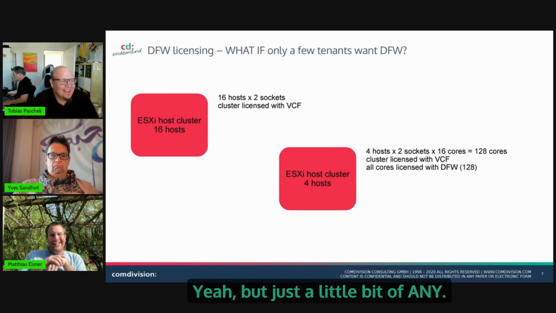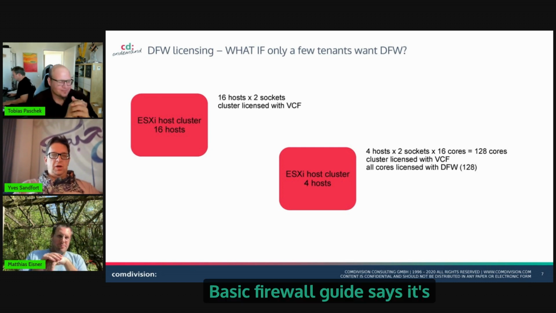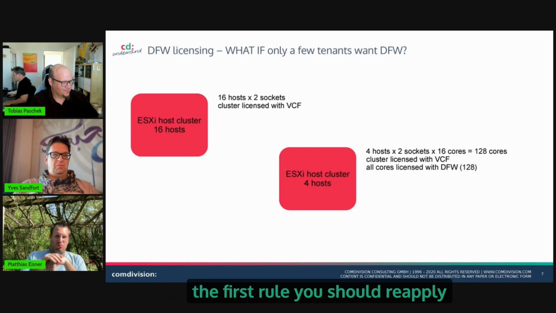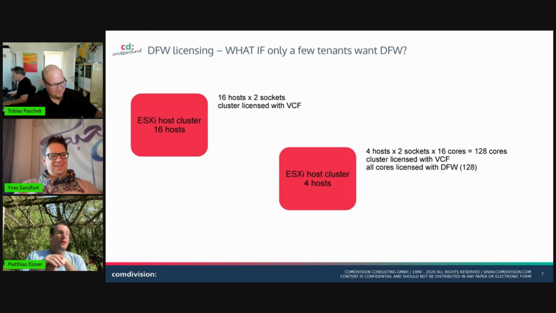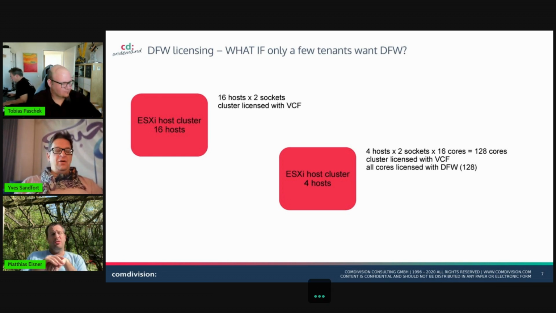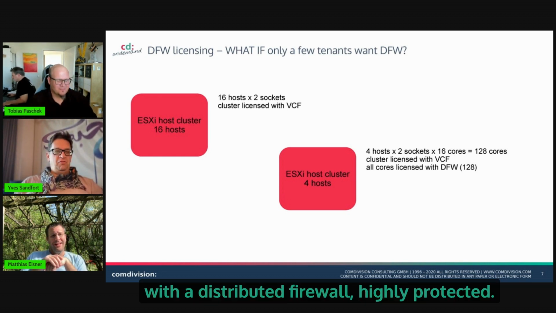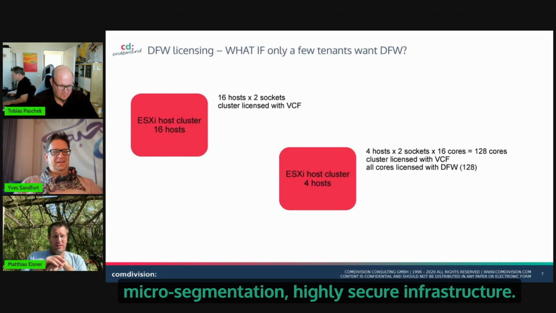The basic firewall guide says the first rule you should apply is always the default deny any rule. So if you apply that rule, there's no infrastructure with a distributed firewall that isn't highly protected. That's what we call microsegmentation, highly secure infrastructure.